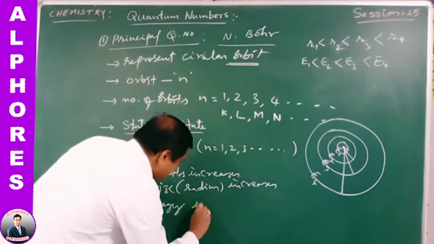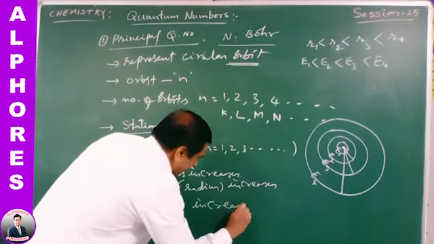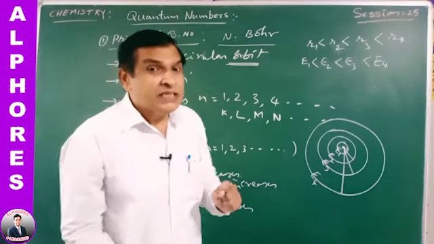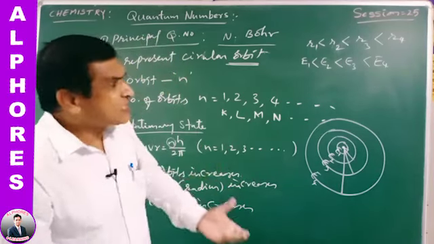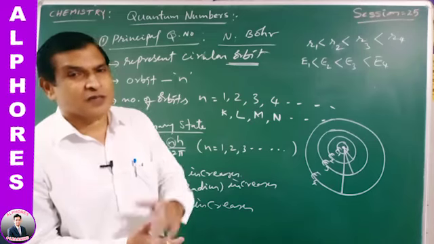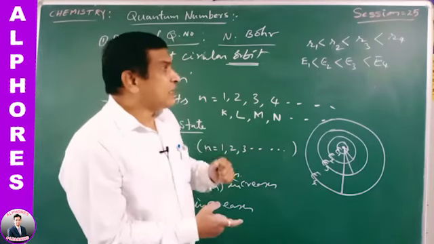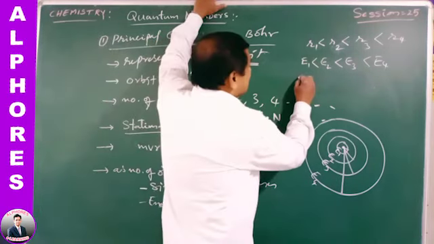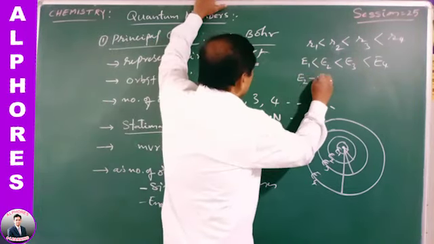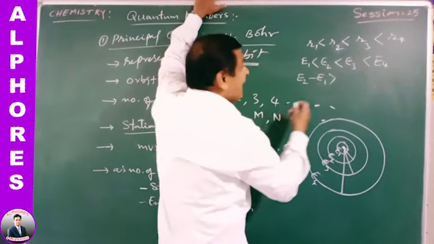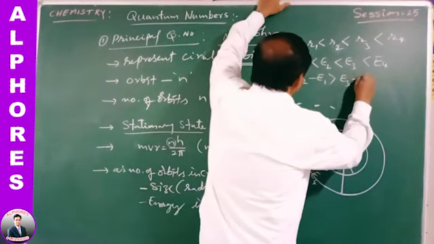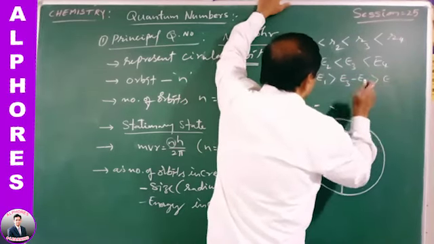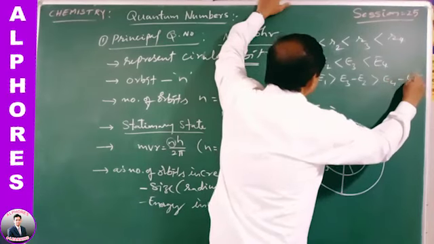Energy increases, but the energy difference between successive orbits gradually decreases. That means the energy difference E2 minus E1 is greater than E3 minus E2, which is greater than E4 minus E3.